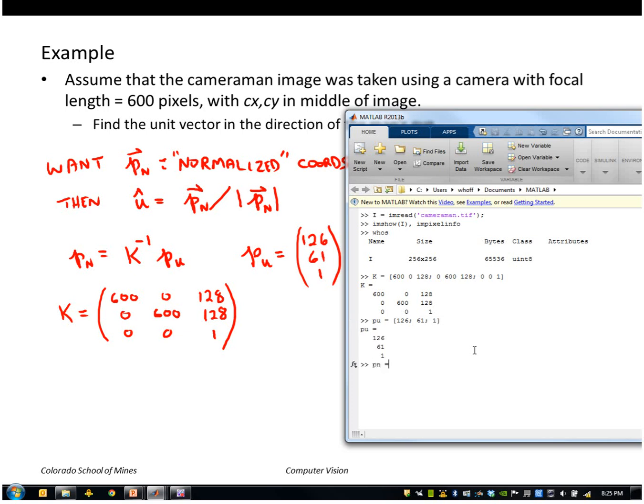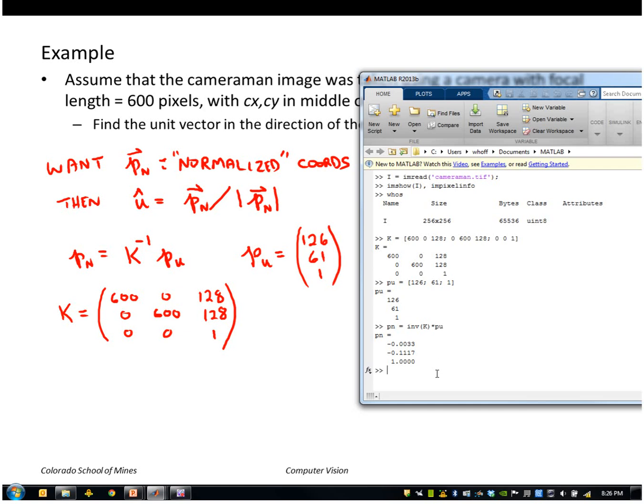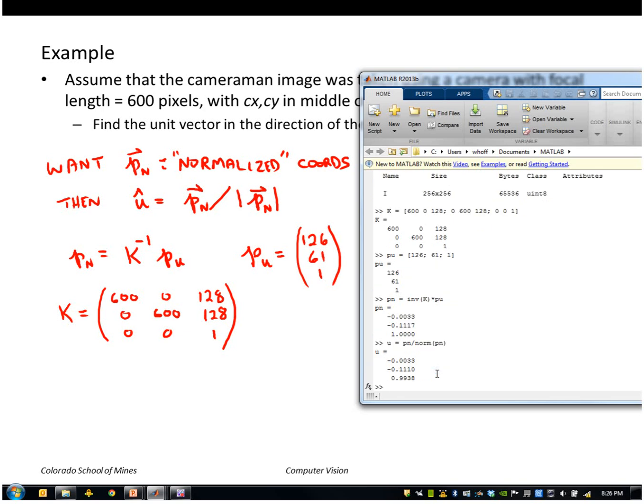So the normalized points is inverse of K times the unnormalized points. Okay, so that gives me the coordinates in normalized coordinates. And I want the unit vector corresponding to that. So it's Pn divided by norm of Pn, that's the length. So it says that the unit vector is 0.033, minus 0.1, and 0.99.